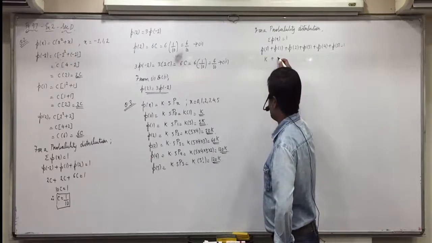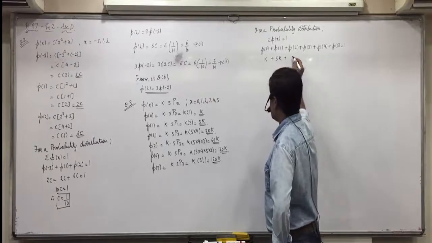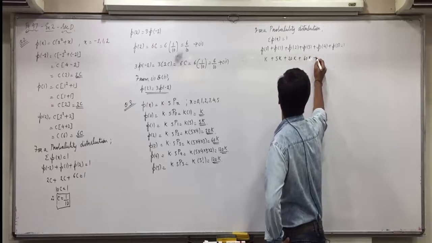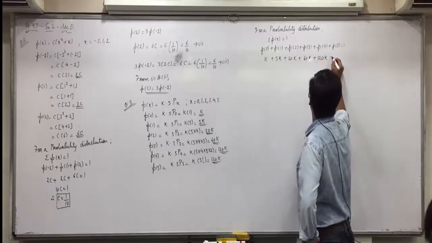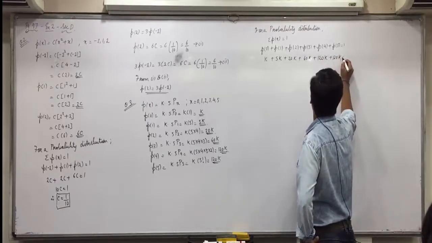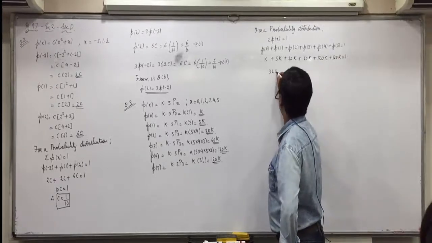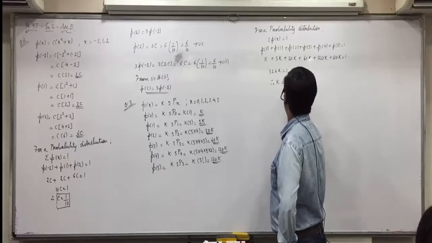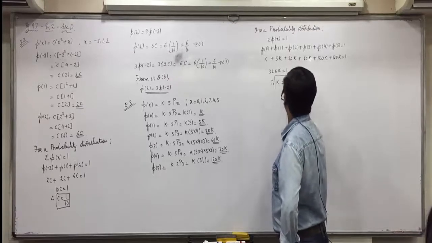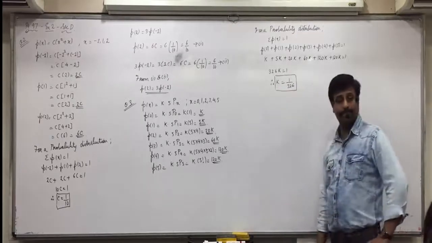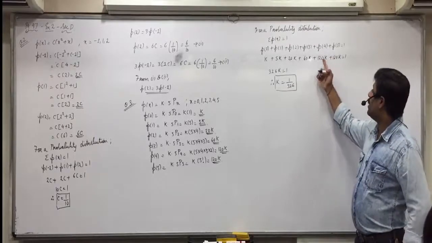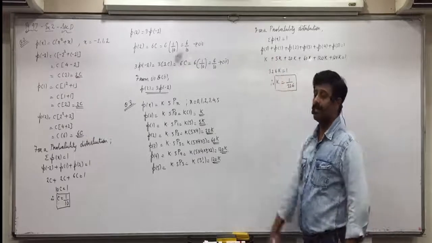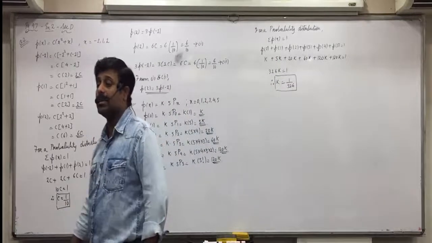K plus 5k plus 20k plus 60k plus 120k plus 120k equal to 1. 326k equal to 1. So k equals 1 by 326. Okay. 120 into 2, 240 plus 60, 300, 326k. Any confusion in this? No.